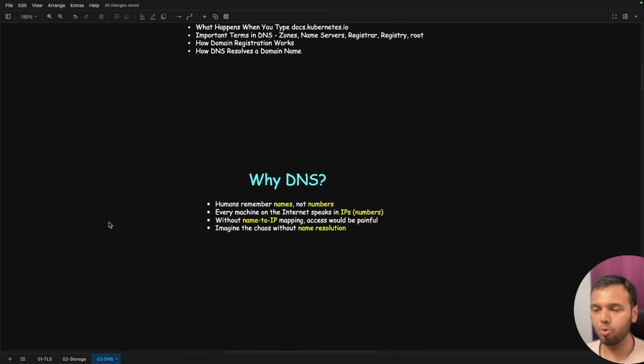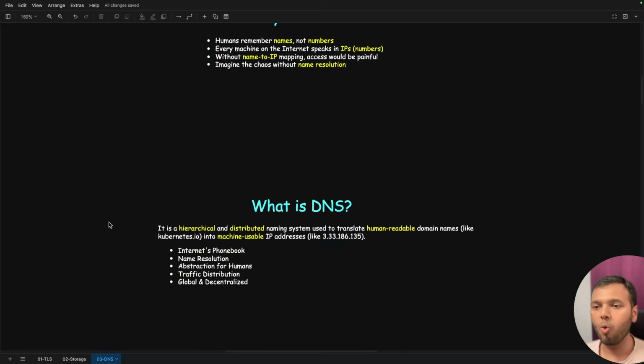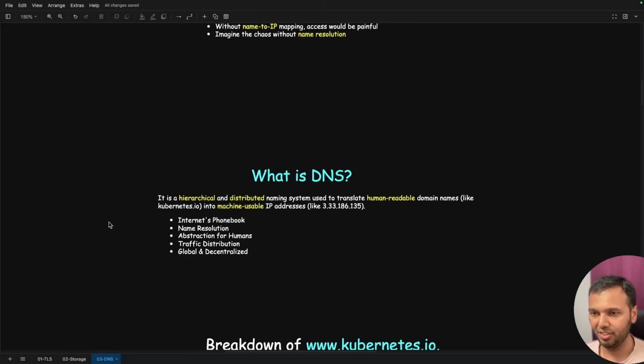With that, let's move to the next section where we understand what DNS is. It is a hierarchical and distributed naming system. I want you to concentrate on these two names: it is hierarchical and it is distributed. It is not centralized, it is distributed across the globe.